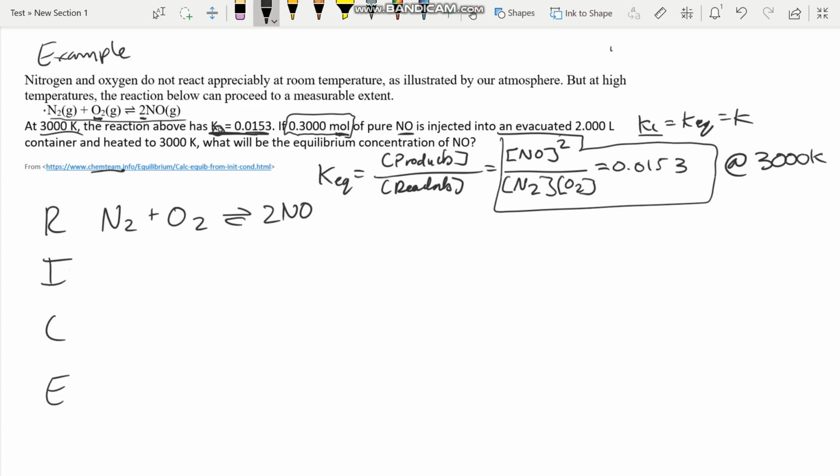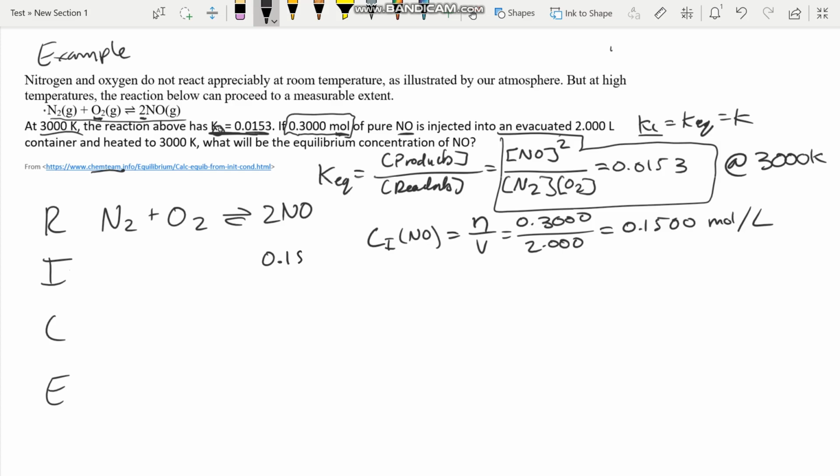So the initial concentration for NO equals moles divided by volume equals 0.3000 divided by 2.000 equals 0.1500 moles per litre. So we can put 0.15 as the initial concentration for NO.